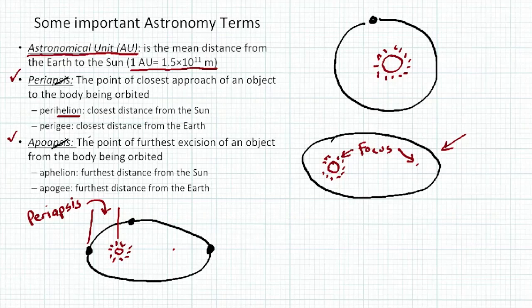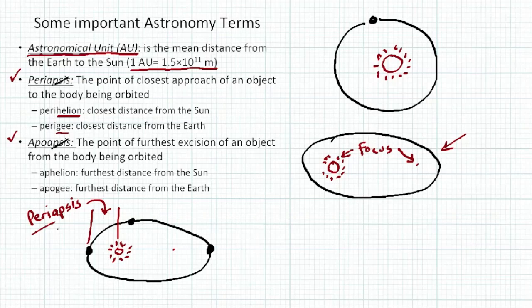Or the Moon going around the Earth. The Moon goes around the Earth in an elliptical orbit, and when the Moon is closest to the Earth, we call that perigee, like Earth, geo, okay? So the suffix may change, but the prefix is going to be the same. Peri, anything means closest.